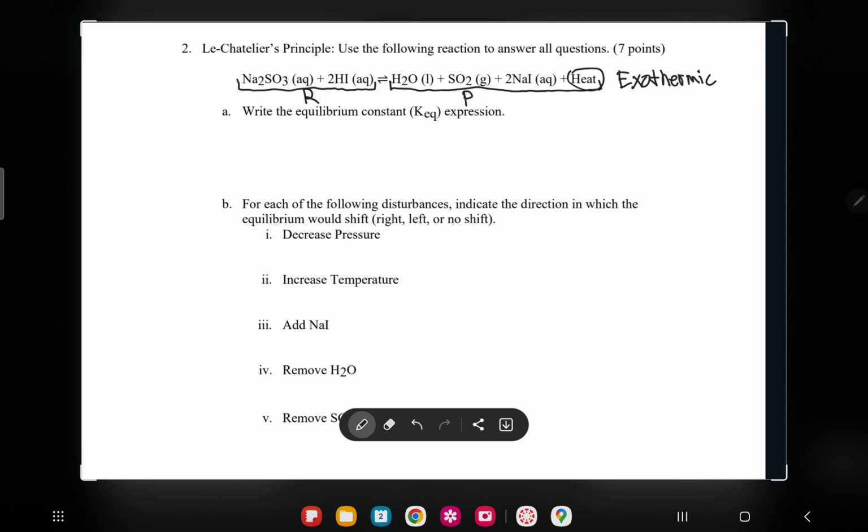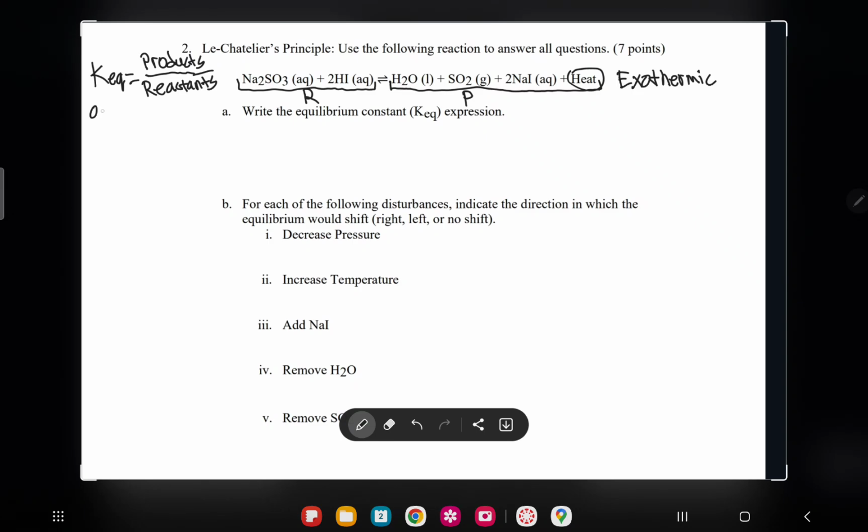Okay, so now we have that, we can look at the Keq expression, right? And that's products over reactants.